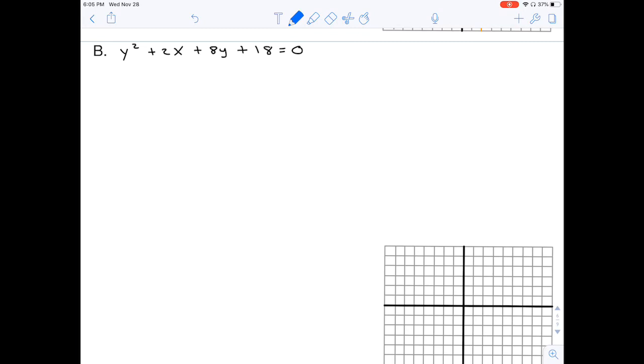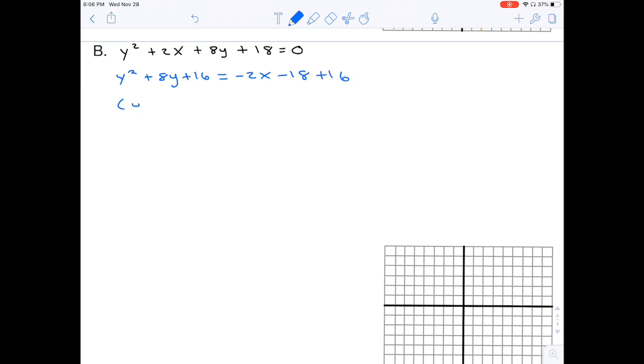Okay, so this function is of the form y squared, so it's going to be horizontal. I'm going to put my y's on one side and my x's on the other. Completing the square: 8 divided by 2 is 4, and 4 squared is 16.